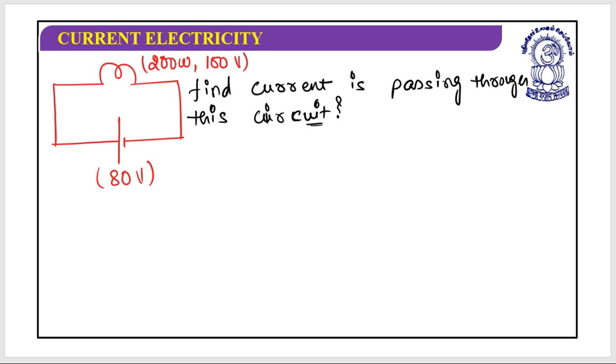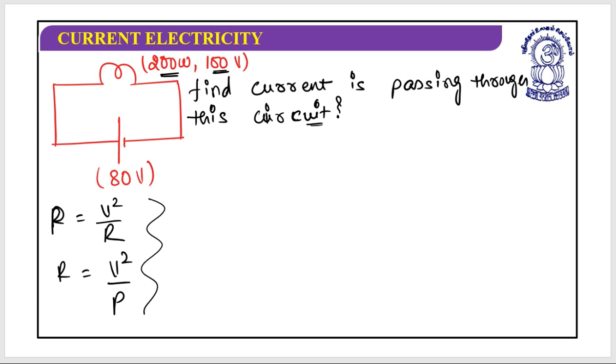So how can you do this? What you need to understand is that this bulb can behave as a resistor, and you can calculate the resistance of the same. How? P is equal to V square by R, and from here R, the resistance, is equal to V square by power.